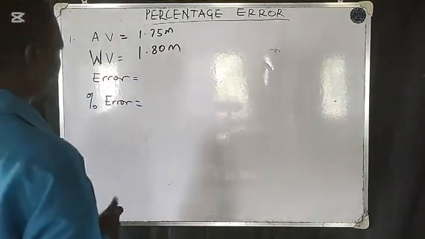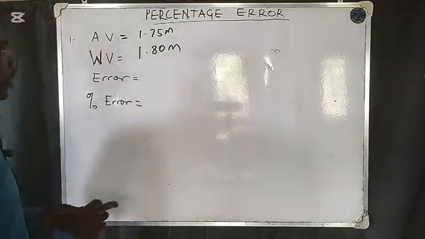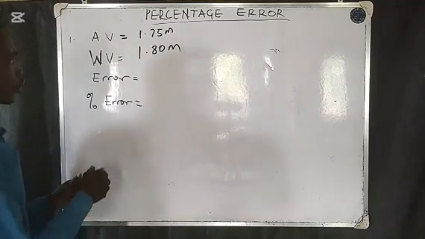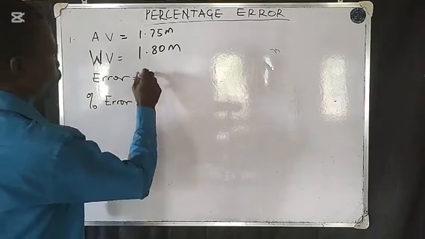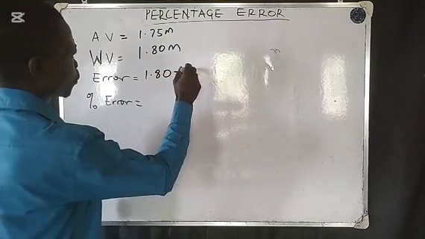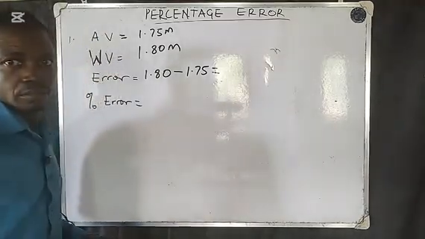Find the percentage error. So we first find the error and we remove the smaller from the bigger, right? So if you do that, we do 1.80 minus 1.75. And that will give you what?